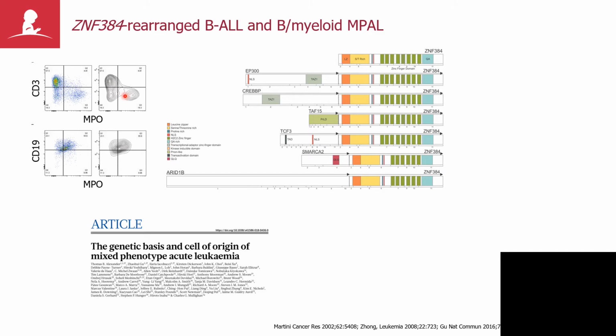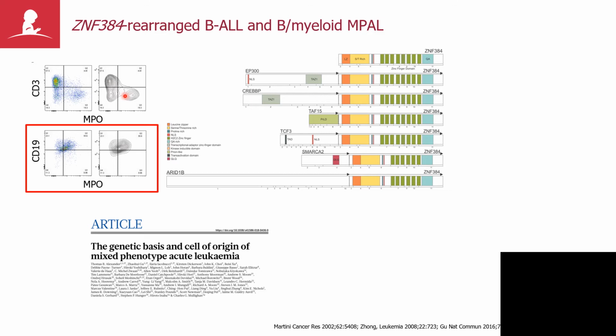So we had embarked on a large-scale genomic analysis of childhood mixed phenotype acute leukemia. There are several other studies that have done this in both childhood and adult mixed phenotype acute leukemia, but the key parts of the data and the study that I wanted to show today pertain to the B-myeloid mixed phenotype acute leukemia cases that express CD19 and myeloperoxidase.